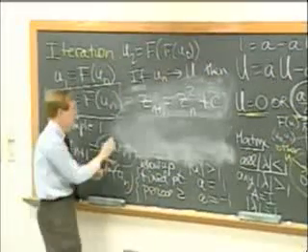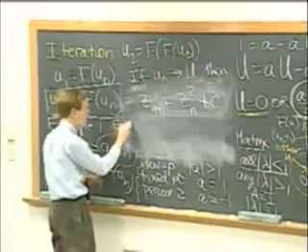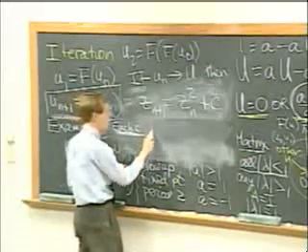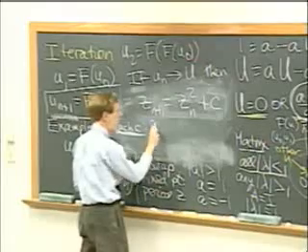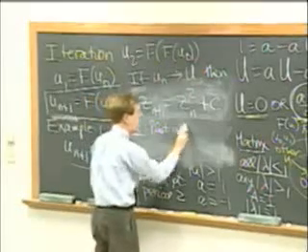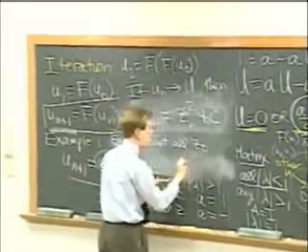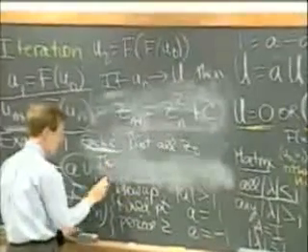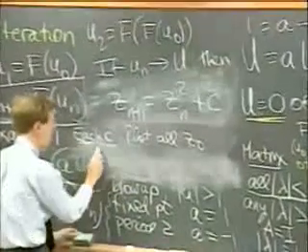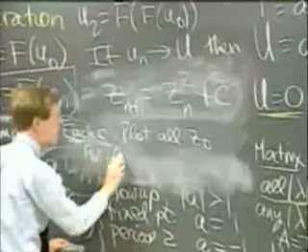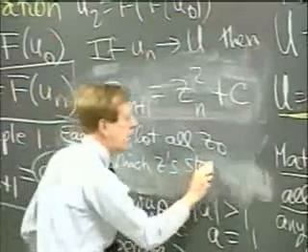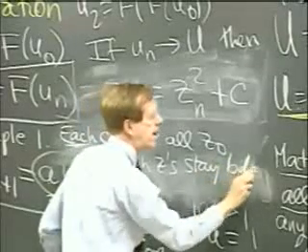So for each C, I could draw all the z0s for which the Zn stay bounded. Okay, just tell me what that would be for C equals 0.